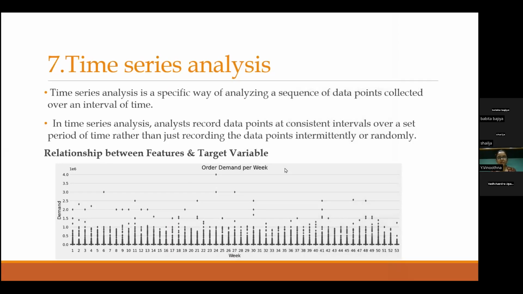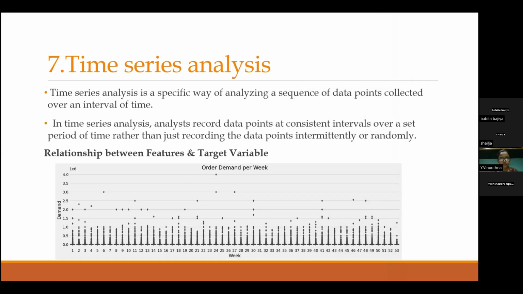Now, as the normal model has failed in observing the trend and seasonality, we are further proceeding by using time series analysis. What is meant by time series analysis? Time series analysis is a specific way of analyzing the sequence of data points collected over an interval of time. As our demand is more dependent on time, date, which is time, we use the time series analysis here.